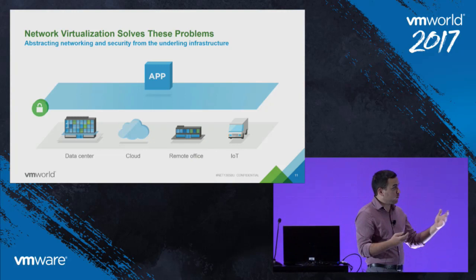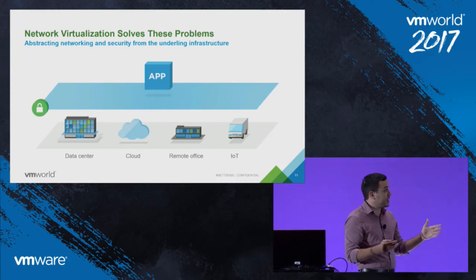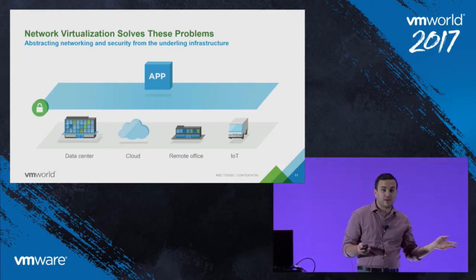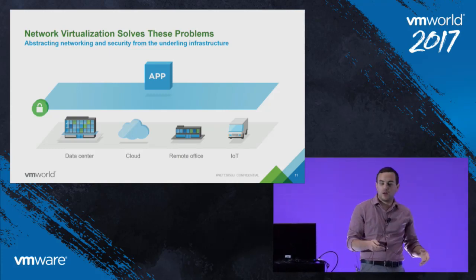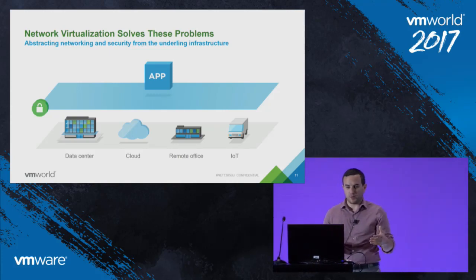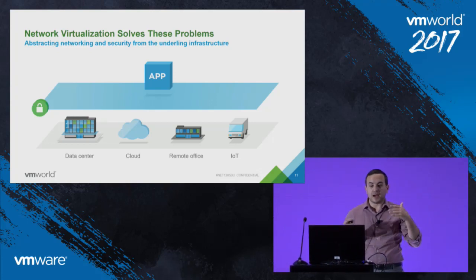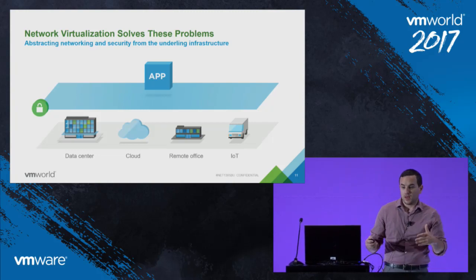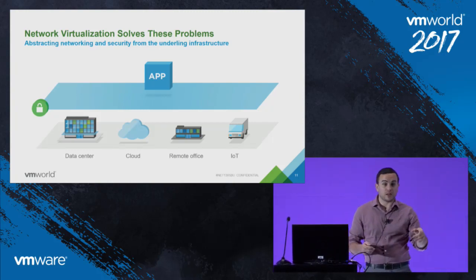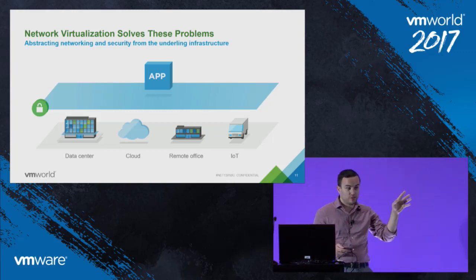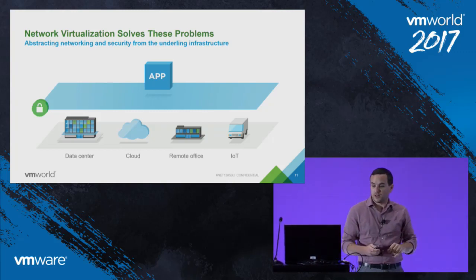So we all know what network virtualization and NSX can do for us in the data center, complete that last pillar of the vision of the software-defined data center, but it goes beyond that at this point. NSX is going to empower you to bridge your different current and future environments. And here we're talking about, obviously, your data center, but we're talking about your public cloud environments, your AWSs, as you heard this morning, and your Azures.